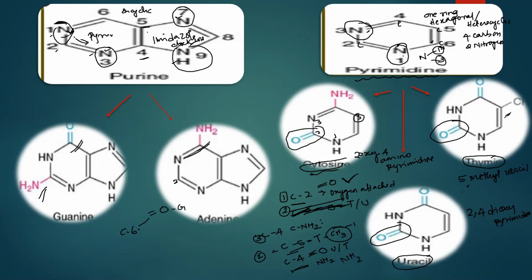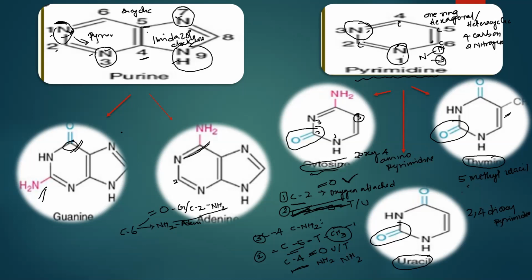Let me come back to that point. And if you have an amino group, it will be adenine with an extra bond at the nitrogen 1. Apart from this, you also have an amino group in the position 2, C2. You have one more NH2 group here, then it is guanine. So remember it.